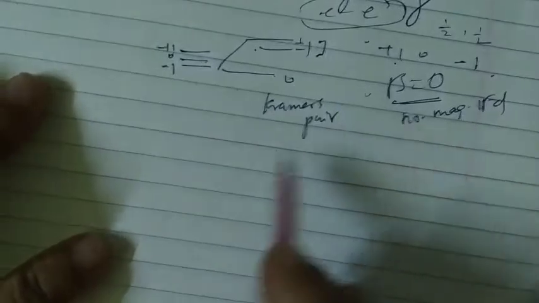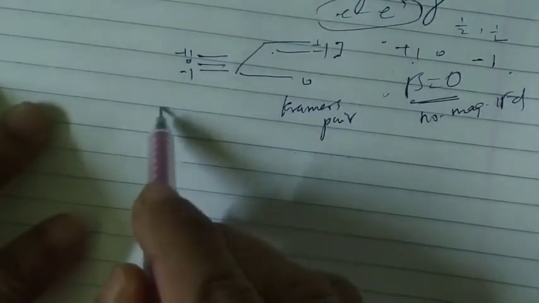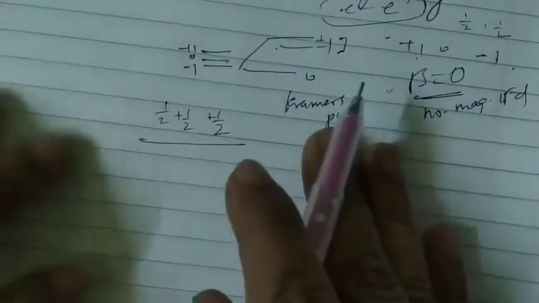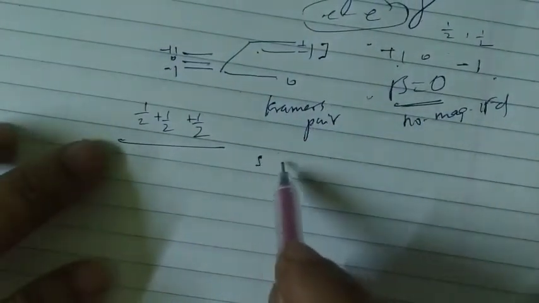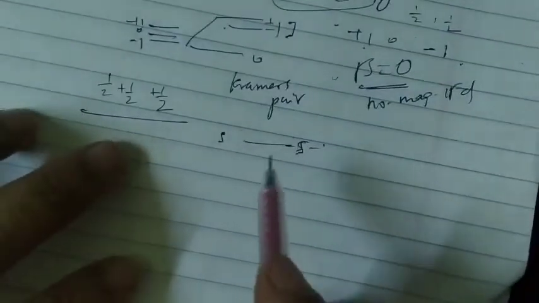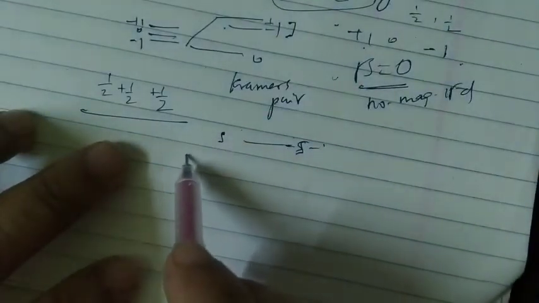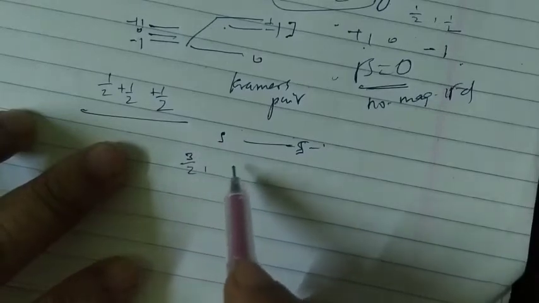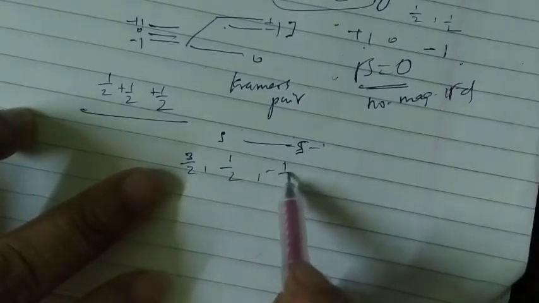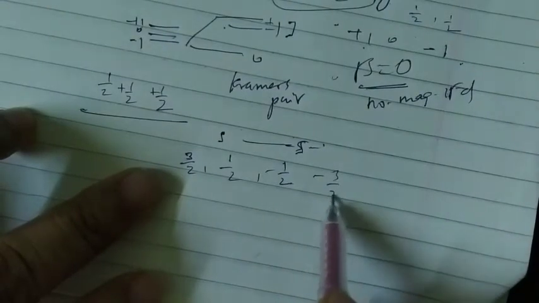Similarly, when three unpaired electrons are there, half plus half plus half, if you calculate from S to minus S, it becomes 3 by 2, then half, then minus half, and then minus 3 by 2.